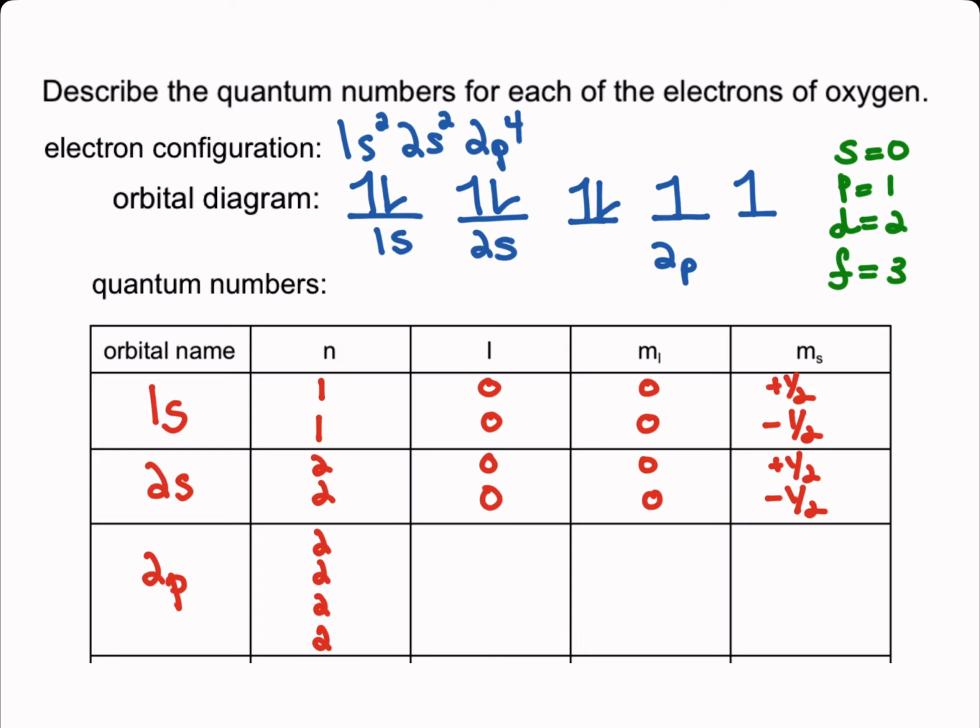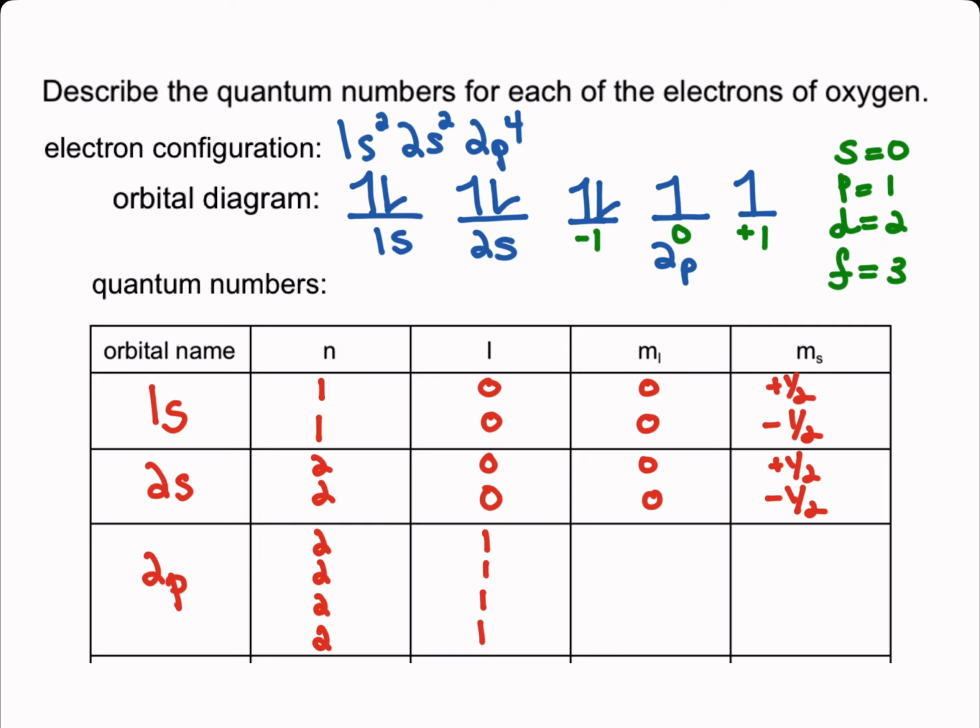The l for p is 1. Now we have to think about how they're orientated in space. The best way to think about this is the number line. The first subshell is going to be -1, 0, then +1. Think of it as the number line.